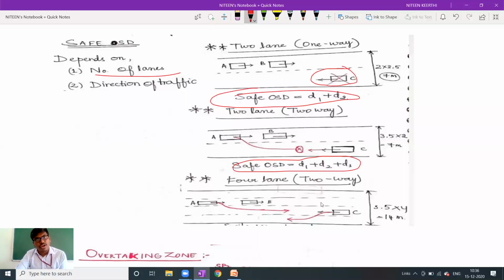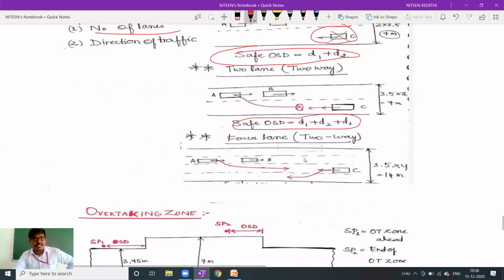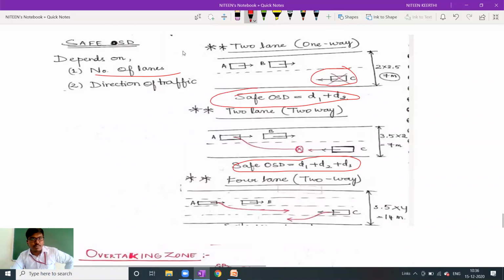For 4 lanes with two-way traffic, the formula remains the same, because we take 2 lanes and design the sight distance. The direction of traffic, two-way or one-way, is also important for the safe OSD.